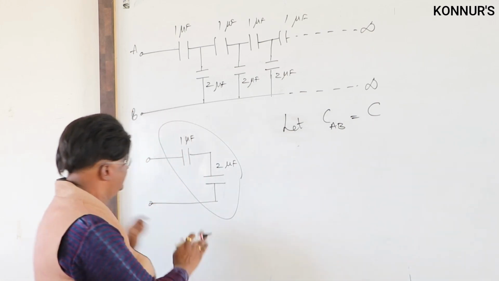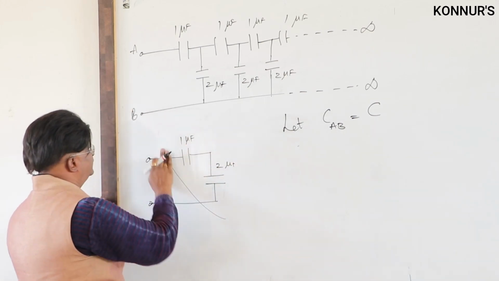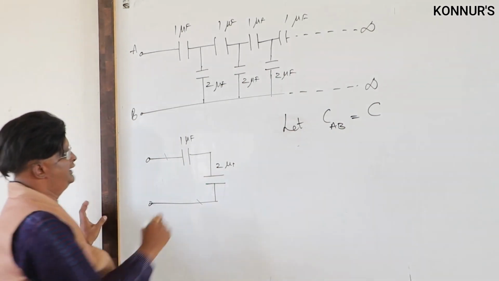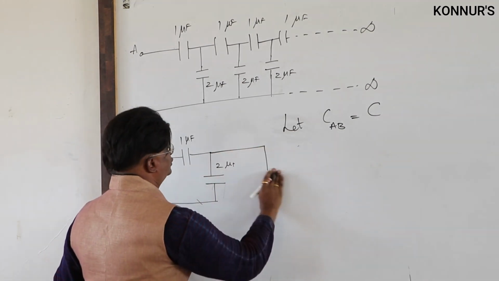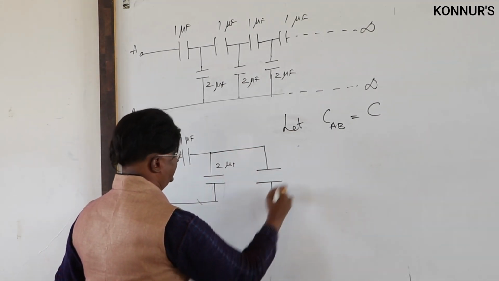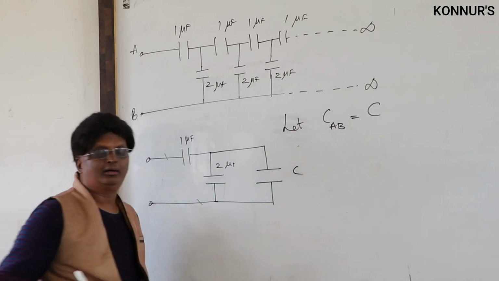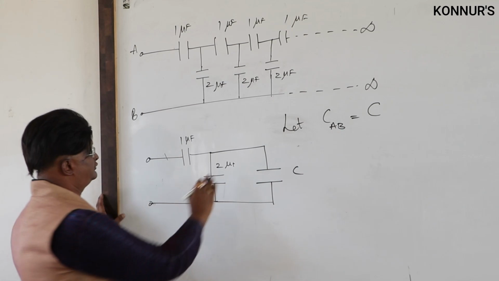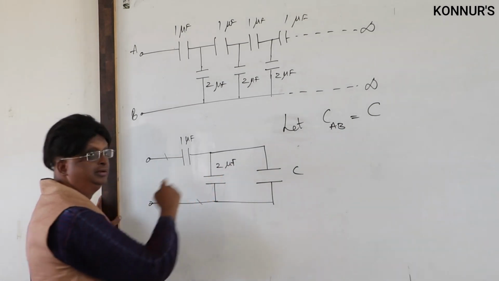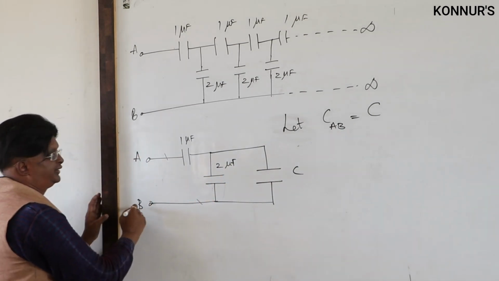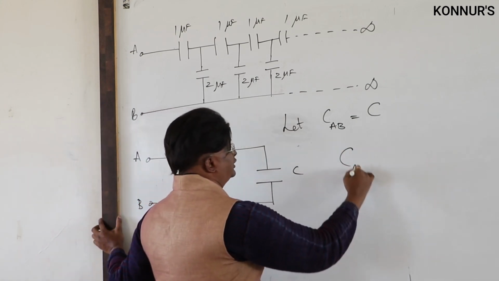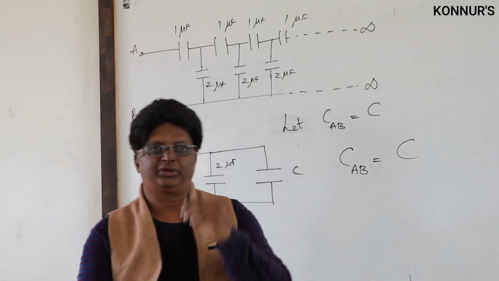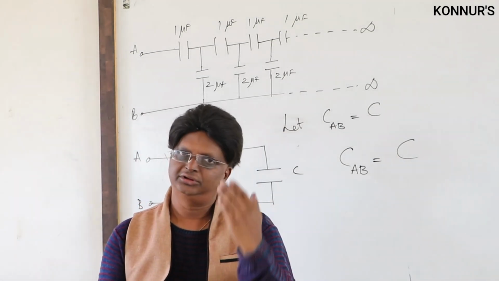That is why here I am showing the deduced final network, with the effective capacity taken to be C. Now we are adding one more unit, this 1 microfarad, 2 microfarad, as one unit we have added. Now the result is that C across AB is again C. As we have said, for an infinite ladder, add one more unit, no change.